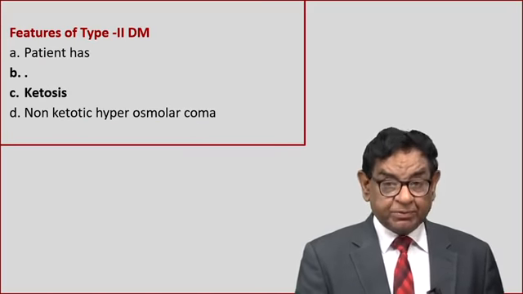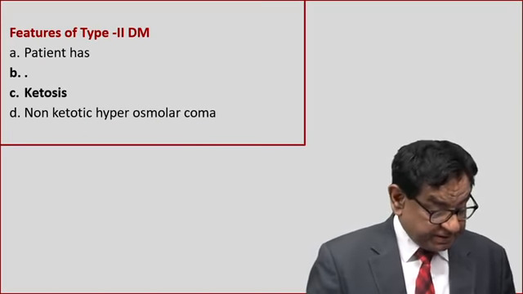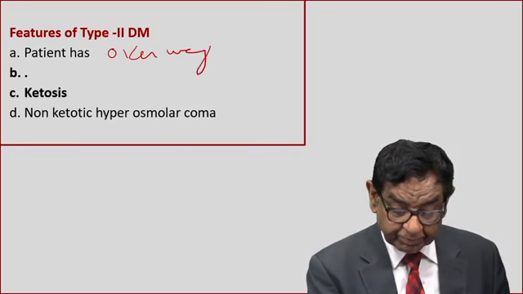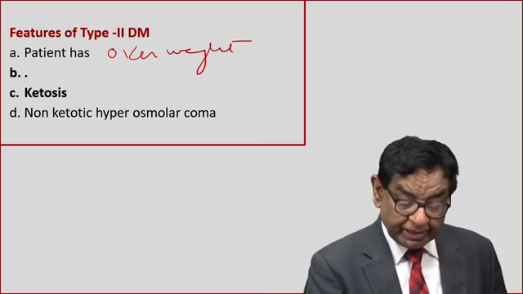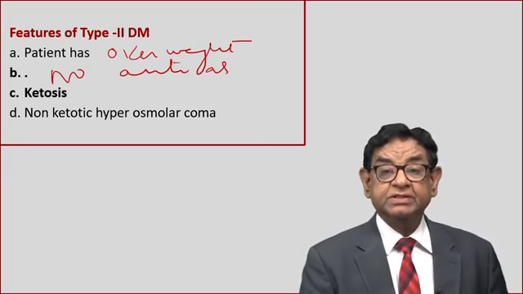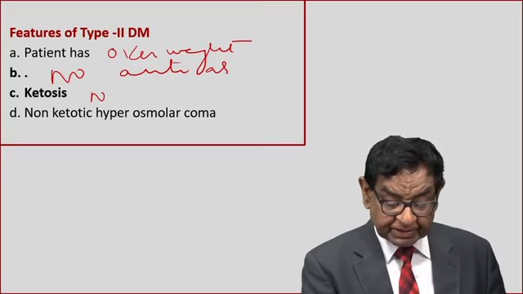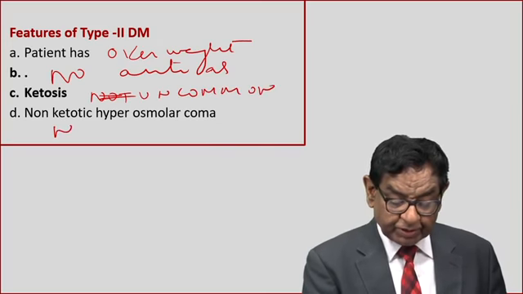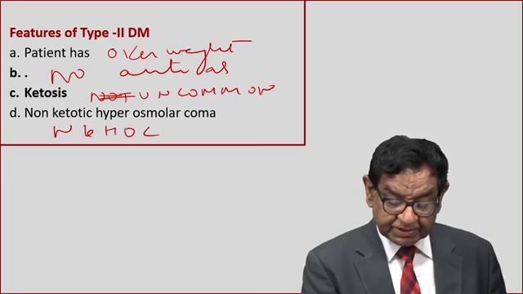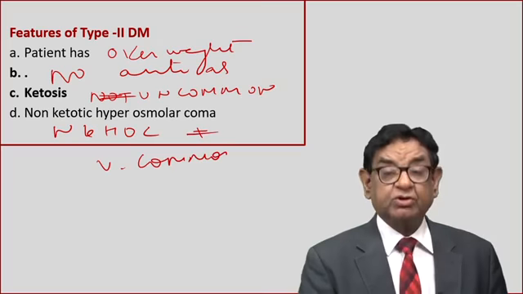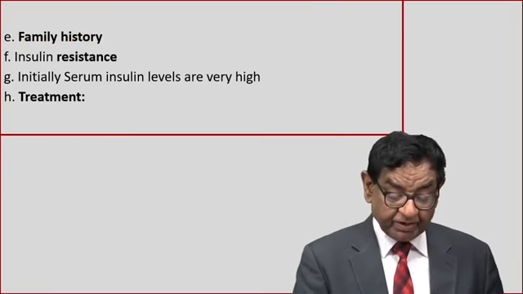What are the features of type 2 diabetes? These patients usually are overweight and have no autoantibodies. Ketosis is not seen or uncommon. Non-ketotic hyperosmolar coma is very common, if not treated properly, of course.